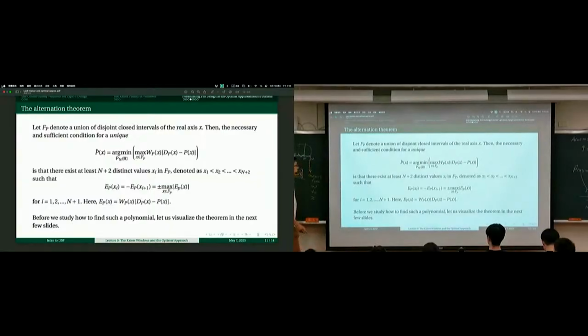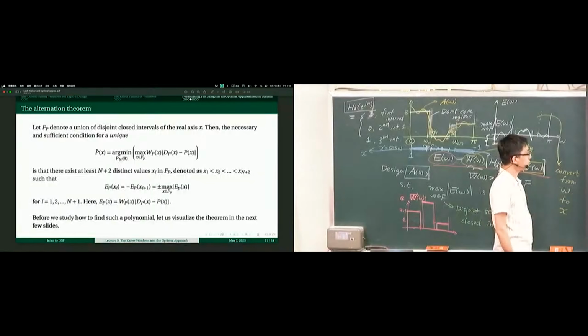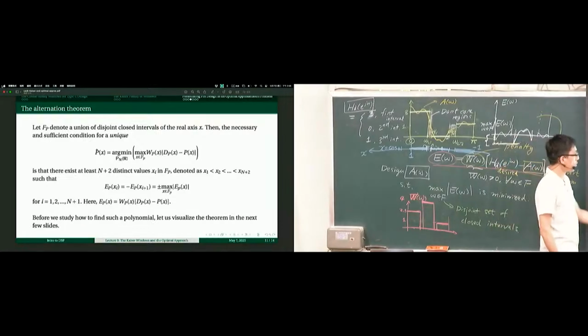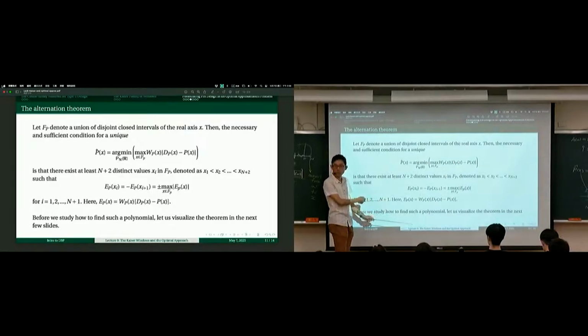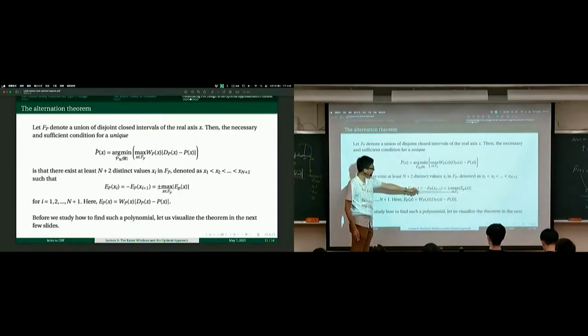There must exist at least so many points in our intervals such that if you go through all the points from x1, x2, x3 to x n plus 2, we'll come back to this next week. But let me just finish saying this. Turns out that you want all those points to have alternating weighted approximation error.